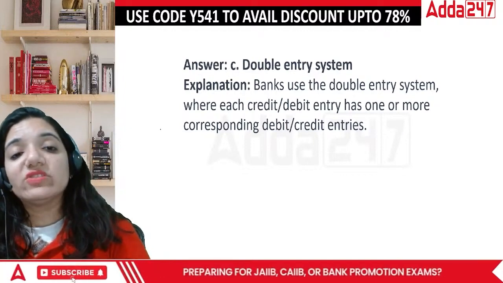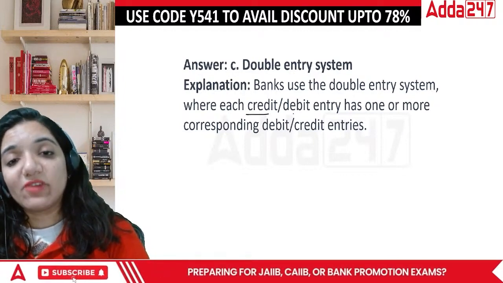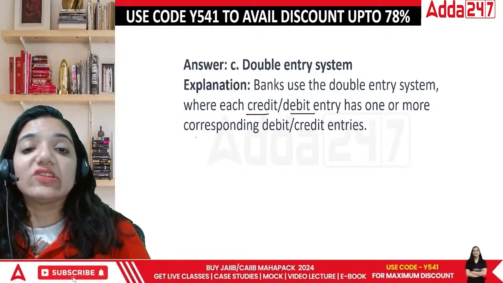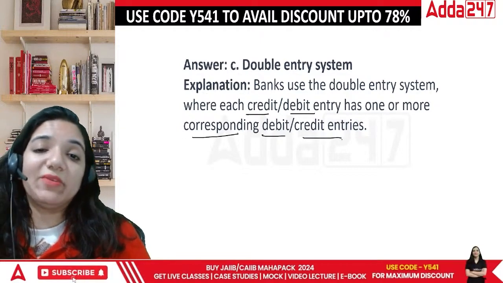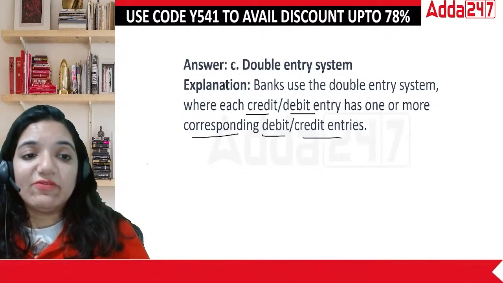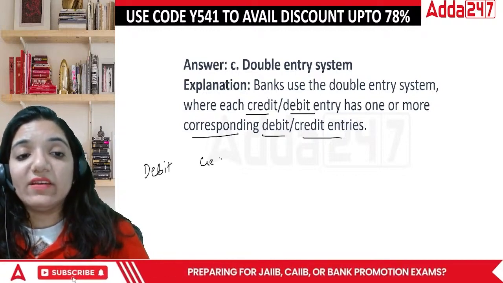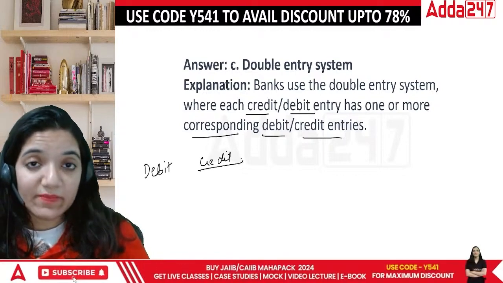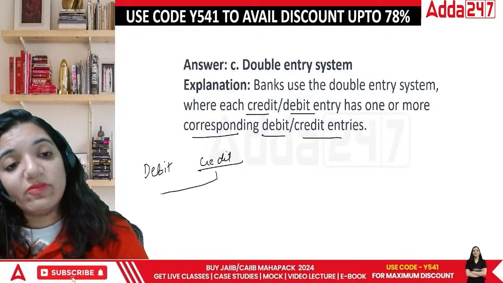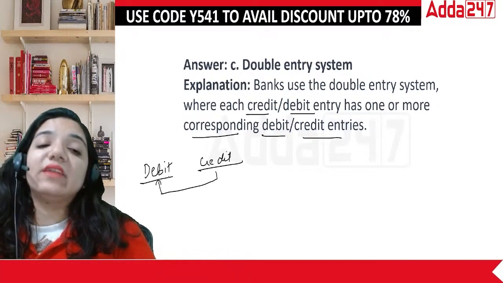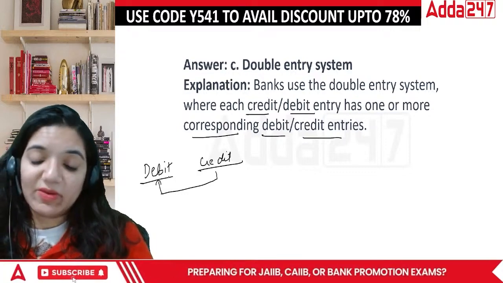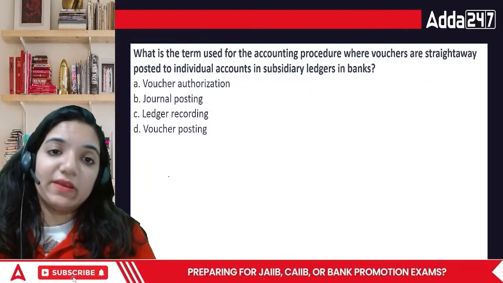Banks use the double entry system of bookkeeping, where we have credit and debit entries, and each has one more corresponding debit or credit entry. That means if there is a debit side, you will always find a counterparty credit. If there is a credit side, you will always find a counter debit. So basically that's how we define a double entry system of bookkeeping.